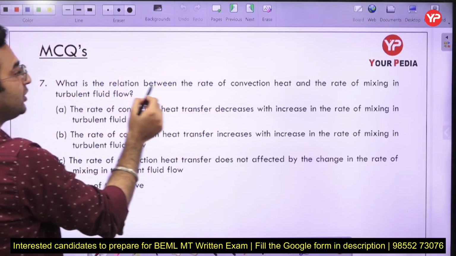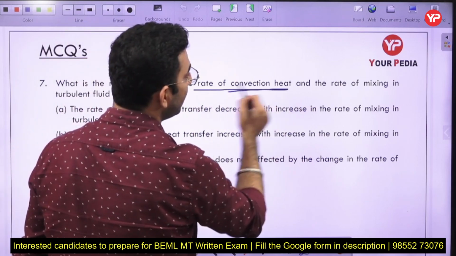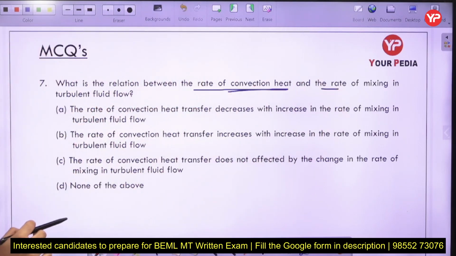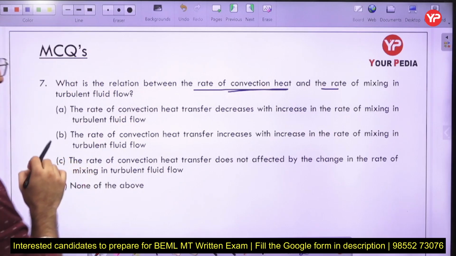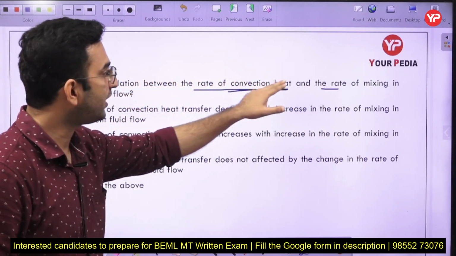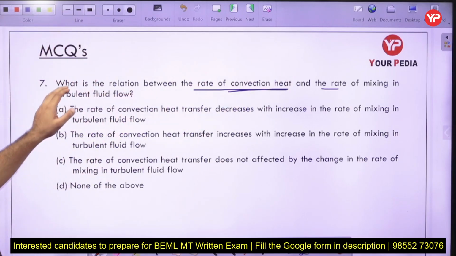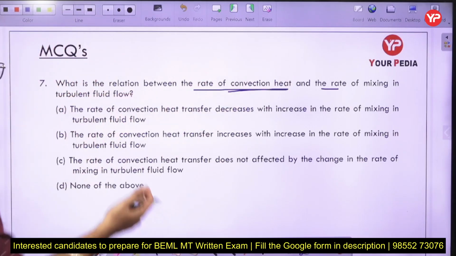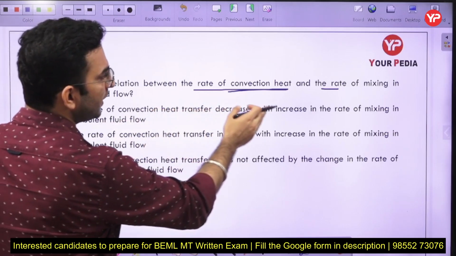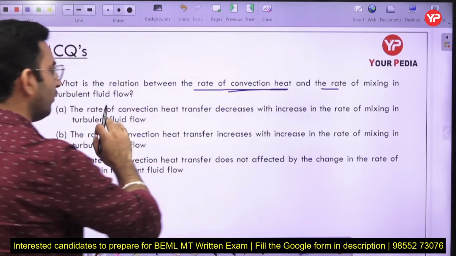what does the relationship between the rate of convection heat and the rate of mixing in turbulent fluid flow represent? Okay, so here you can see the relationship between the rate of convection heat and the rate of mixing in the turbulent fluid flow. Let us start with the options here. The convection heat transfer coefficient decreases with an increase in the rate of mixing in turbulent fluid flow.